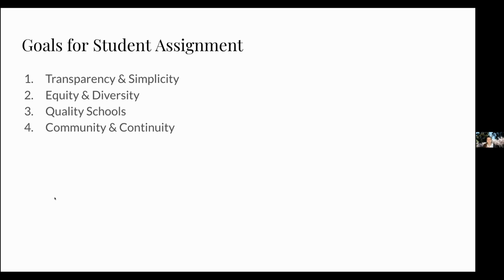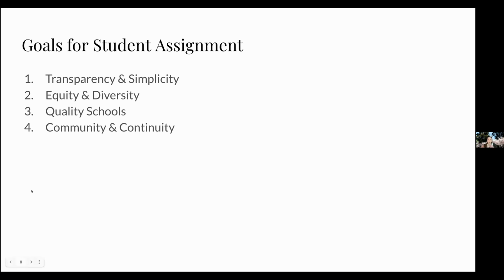They wanted to make sure that there were quality schools all across the district. And ideally, they'd like to promote a sense of community at schools and continuity, maybe for cohorts between elementary and middle school, or keeping families together, things like that. These are pretty complex goals, and there are a number of ways that the design of this system can support or conflict with these goals.